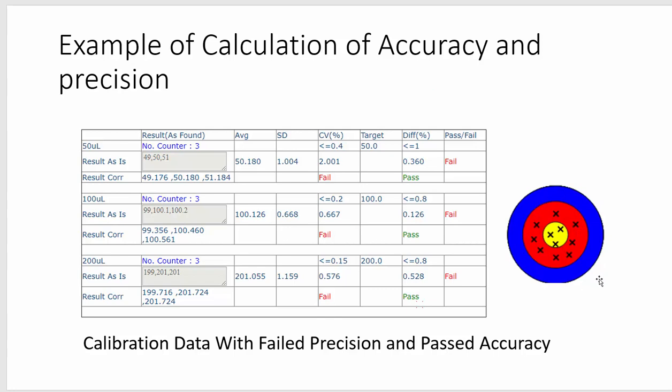Visually, you can see that the results are all over the place, but when I do the average, they come pretty close to the center. That's why the accuracy results are acceptable, but the precision results fail.